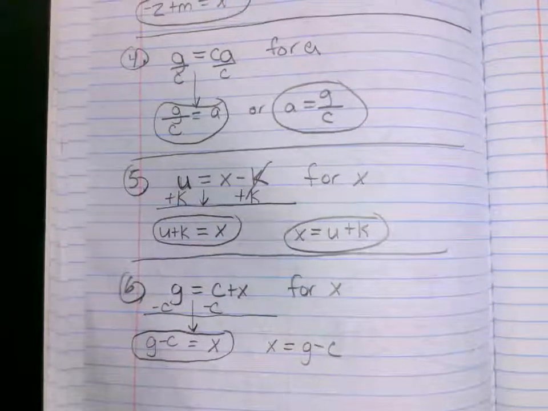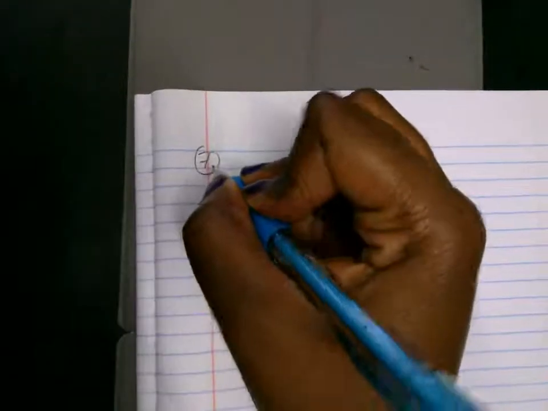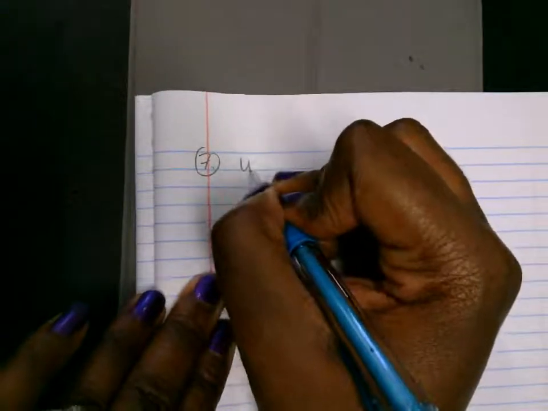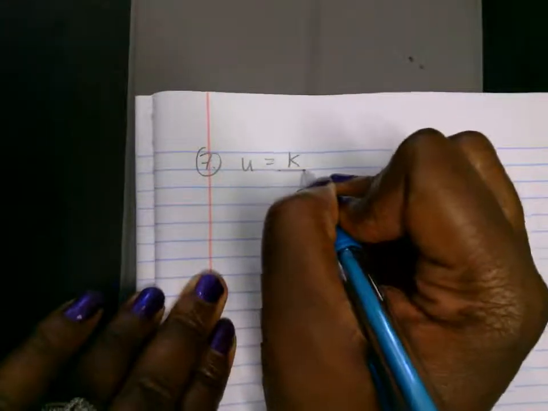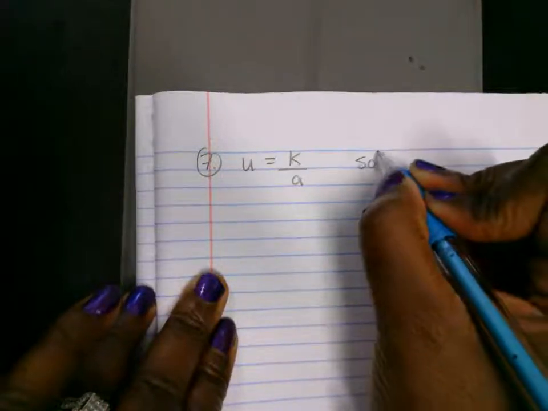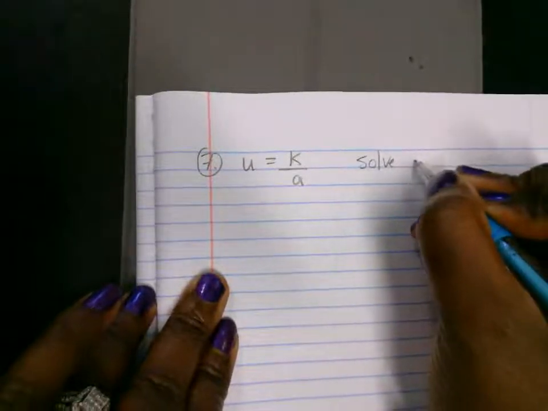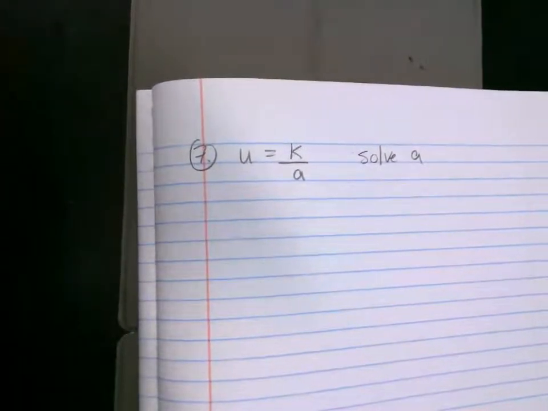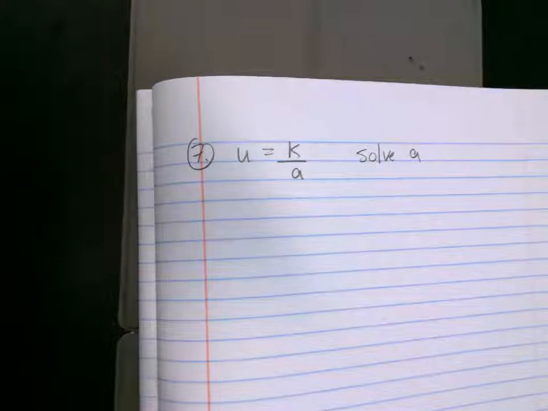All right, number 7. This time we're solving for A. Okay, so here, any ideas?